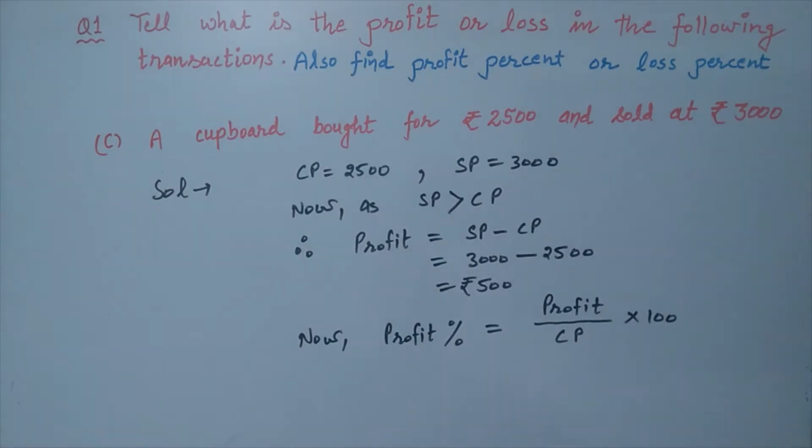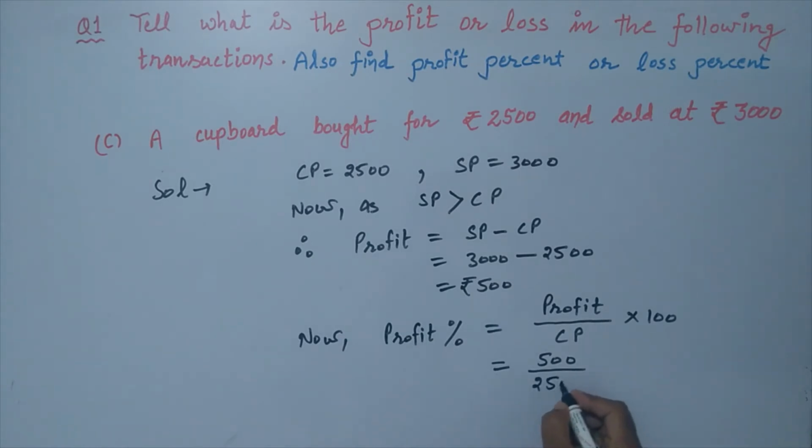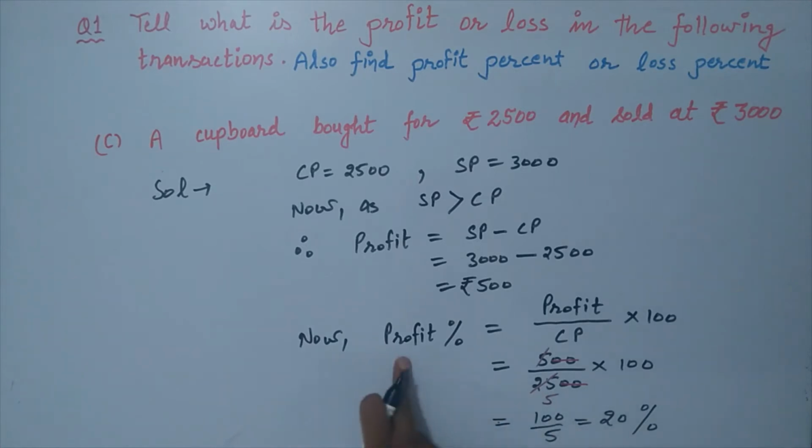So here we have the profit equal to rupees 500 divide cost price is 2,500 into 100, right? Now what happens? 0 0 cancelled, 5 ones are 5, 5 fives are 25. So this becomes 100 divide 5, which is equal to 20. 20% is the profit percent.